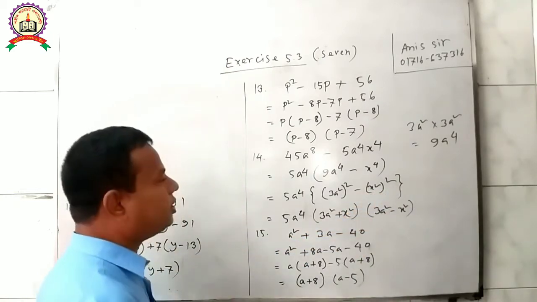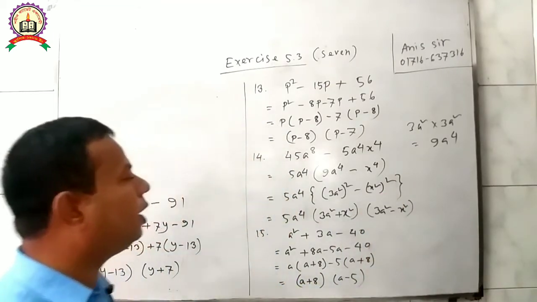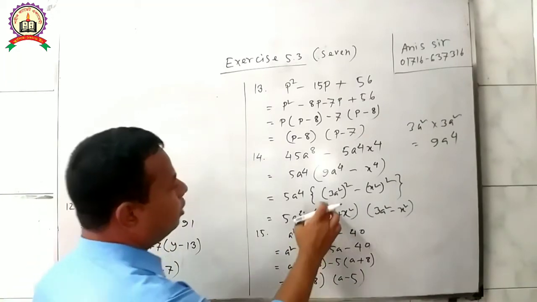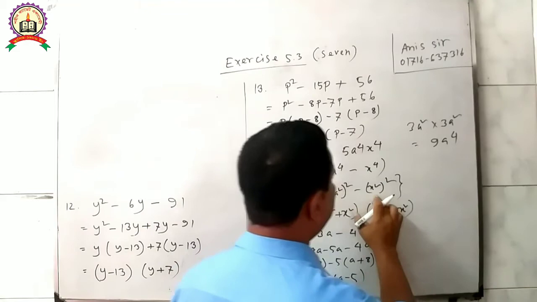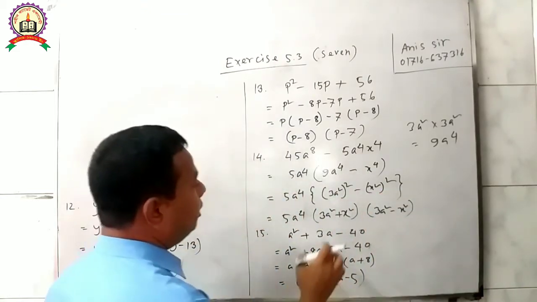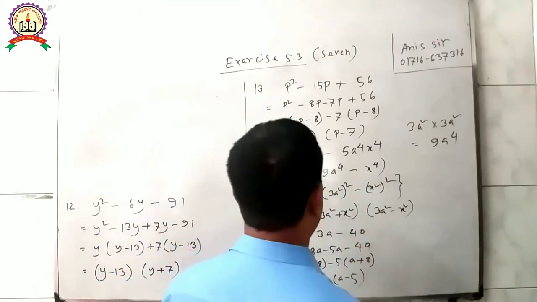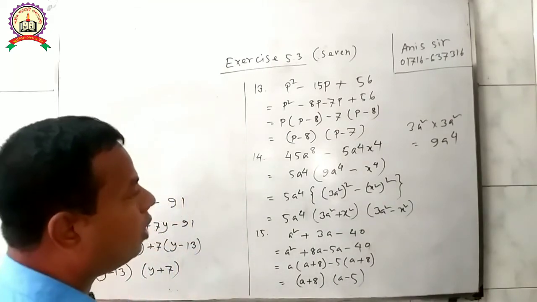Then we can use a formula, a square minus b square. Suppose 3a square equal to a and x square equal to b, then we get a square minus b square. This is a formula you have to use now.